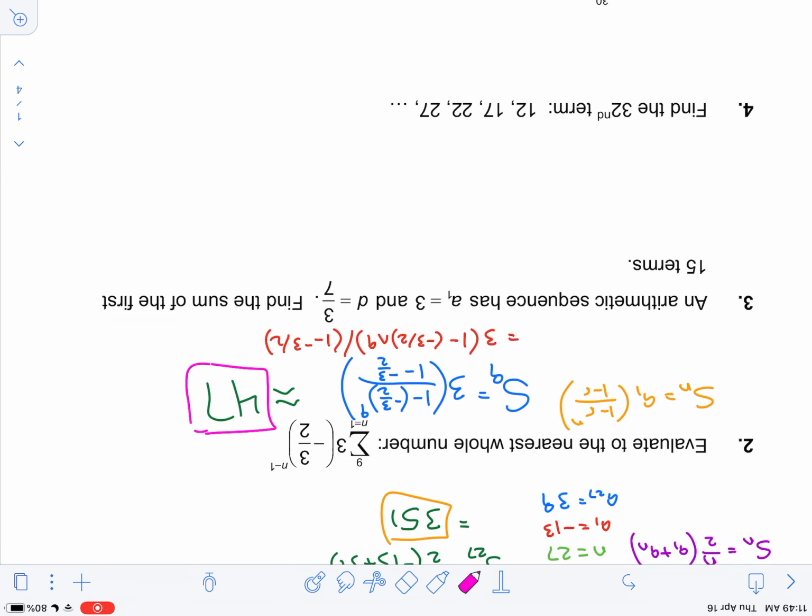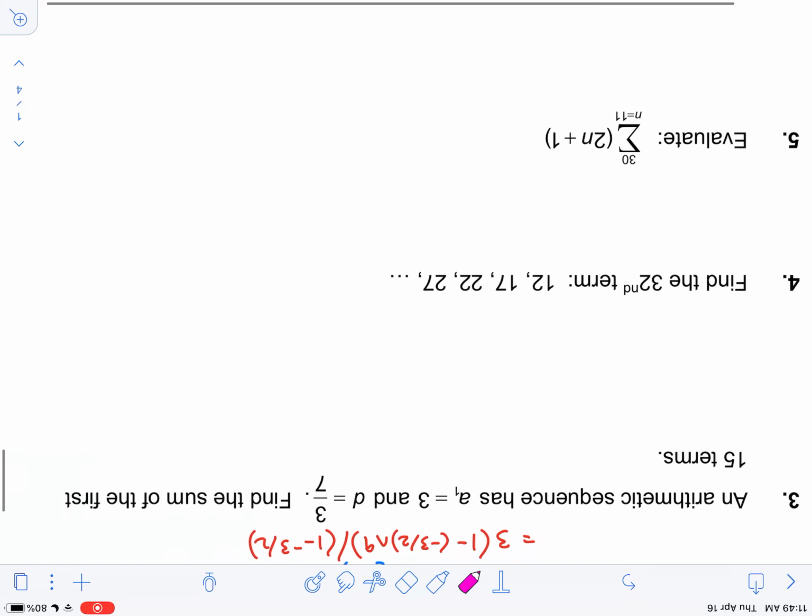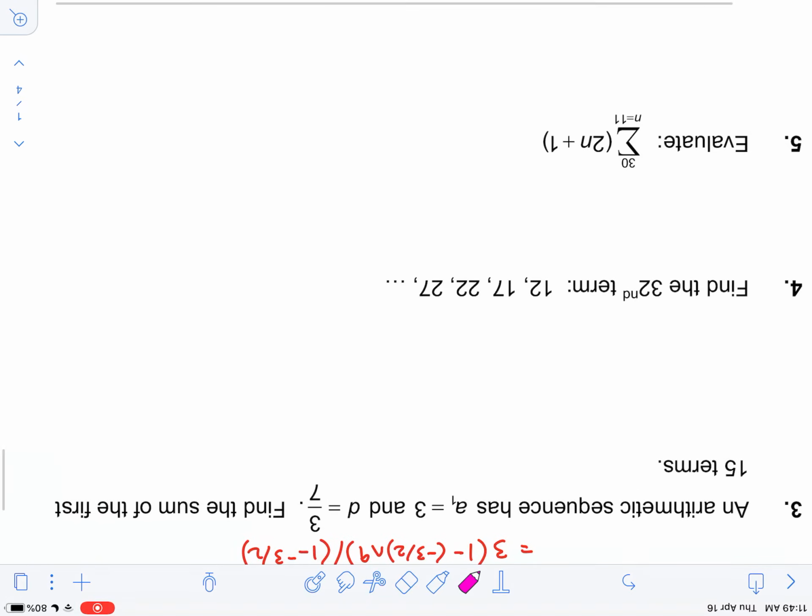All right, so number 3 is dealing with an arithmetic sequence, and it wants the sum of the first 15 terms. So let's set that one up, and then that'll help us figure out what we're missing, if we're missing anything. So the sum of 15 terms would be the number of terms divided by 2 times the first term, which we know, plus the 15th term, which we don't know.